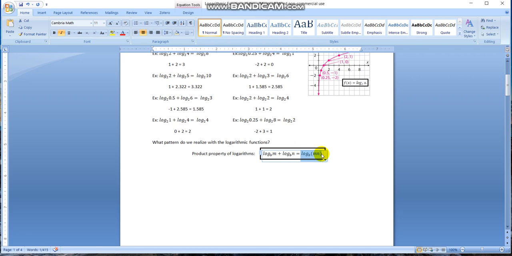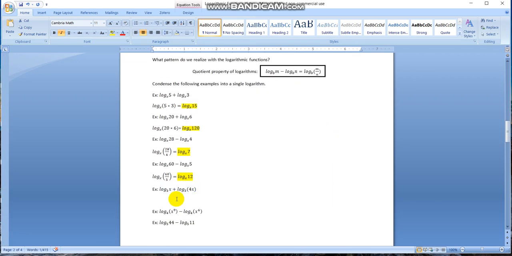I'm going to need that. So we have log base 3 of x times 4x.